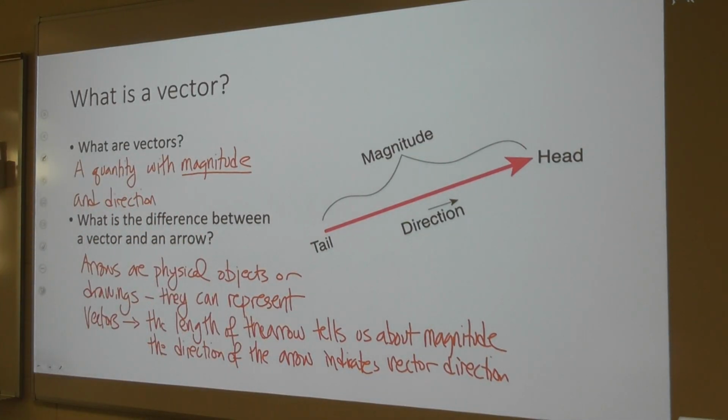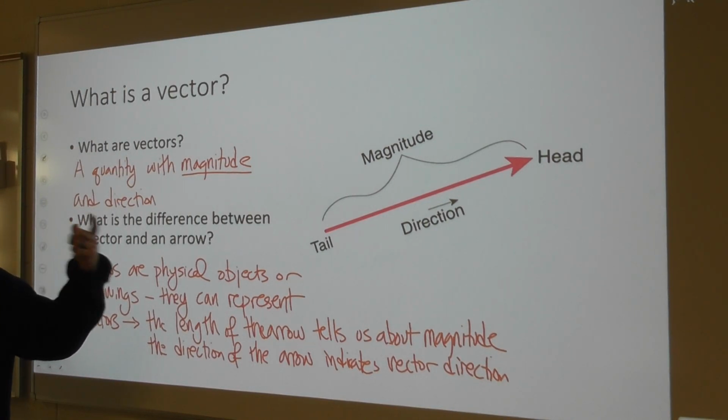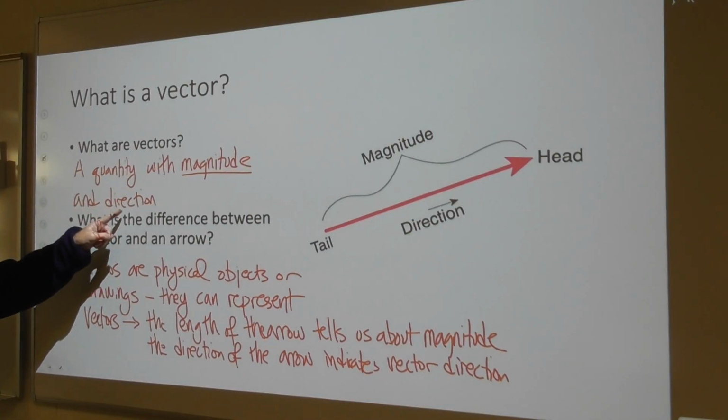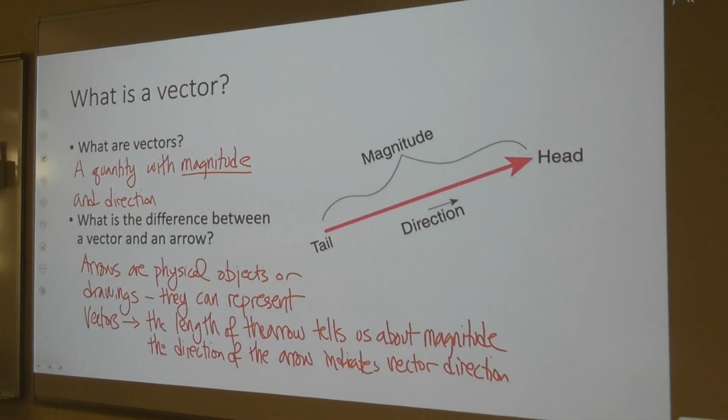We're going to use arrows to represent vectors. And what gets confusing about it is that we're going to use arrows to represent different kinds of vectors: displacement vectors, velocity vectors, acceleration vectors, force vectors, momentum vectors. All of those quantities have a magnitude and a direction. We're going to represent them with arrows.